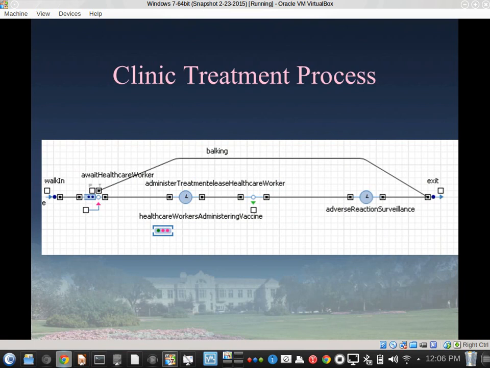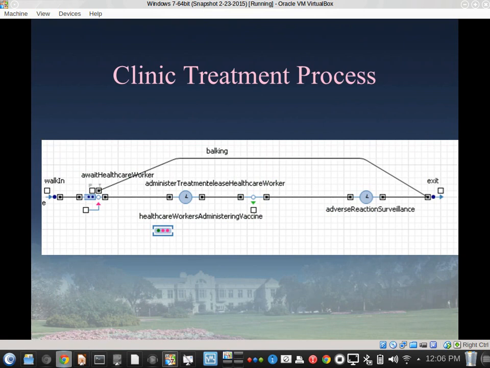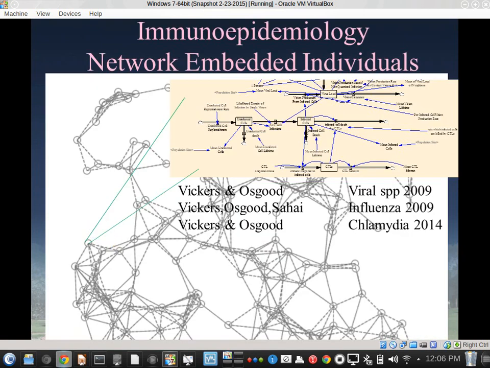You can actually represent the process of service delivery at the same time you represent them as individuals within the population. These individuals can be associated with networks and interactions, with these rules and characteristics and state, but they can go through processes as well.